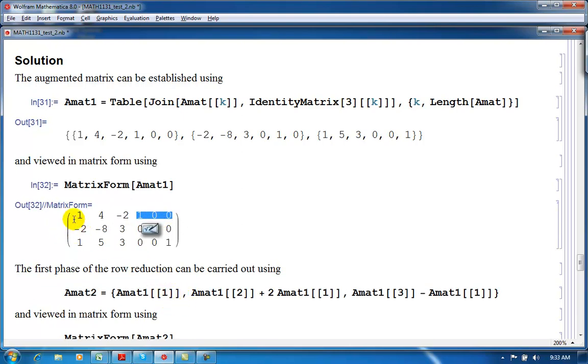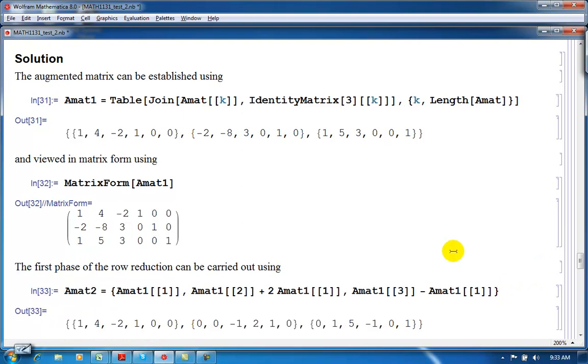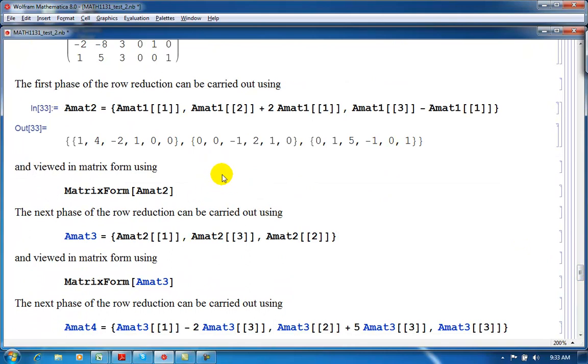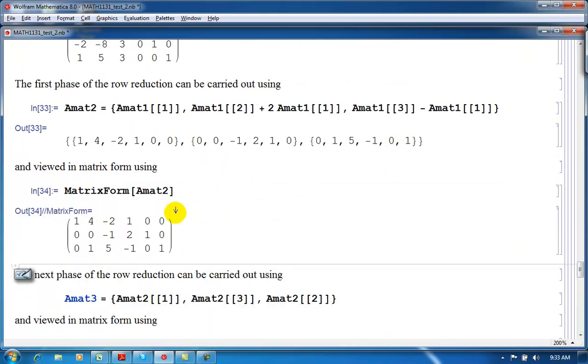So in other words, row reduction. We add twice the first row to the second row, and that will give us a 0 there, and we subtract the first row from the second row, and that will give us a 0 here. We can do that arithmetic using this and look at the matrix to check that it's okay, and there it is.